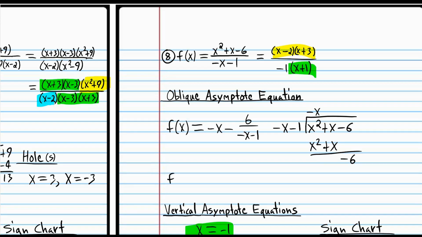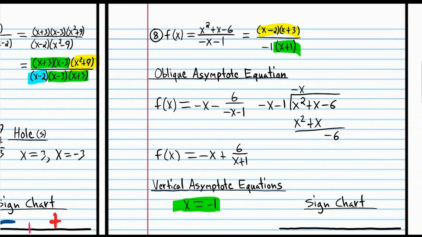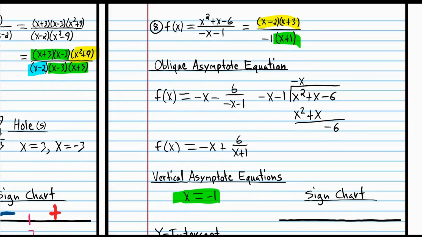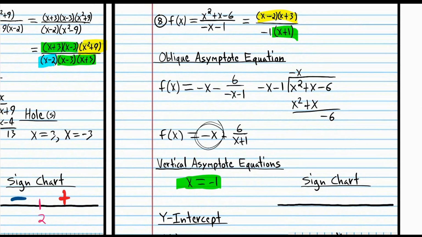Now, we can simplify that. We can use the negative 1 rule as we did up here, pull out a negative 1, and then we have two negatives, that's a double negative, so we have negative x plus 6 over x plus 1. And as x approaches infinity, as x values become very big, this fraction approaches 0 and becomes negligible. So the graph approaches this line, negative x.